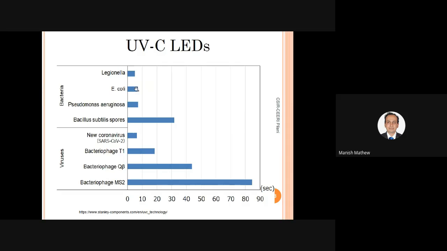The disinfection time will be only 5 seconds with the UVC LEDs. E. coli would be around 8 seconds. Then Bacillus takes a longer time, more than 30 seconds. Then there are viruses, like this coronavirus, which can be disinfected in less than 10 seconds.